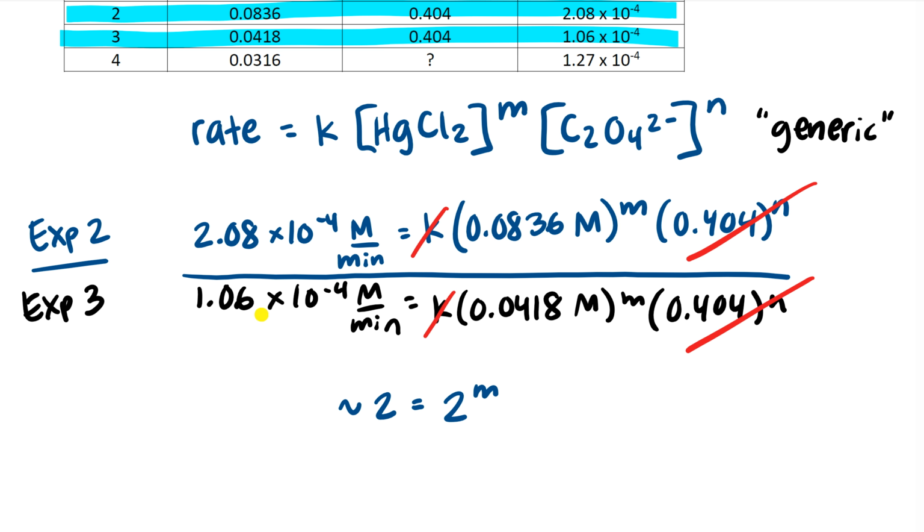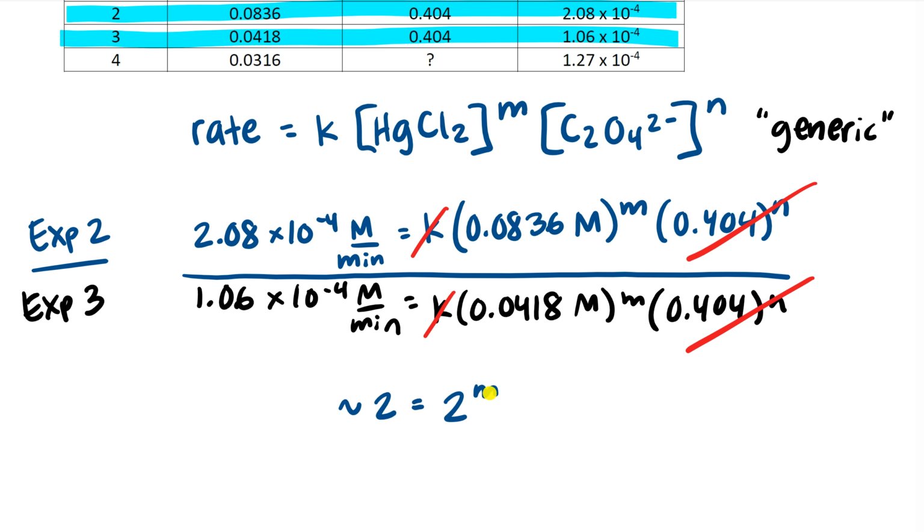2.08 times 10 to the negative 4 over 1.06 times 10 to the negative 4. It's about 2. For our purposes, we can consider it to be 2. And then over here, 0.0836 divided by 0.0418 is going to be 2. All of that is raised to the power of m.